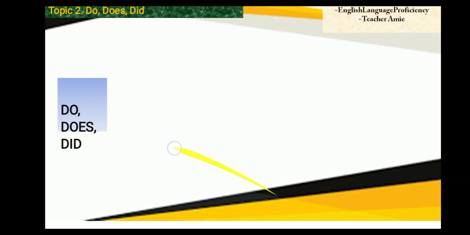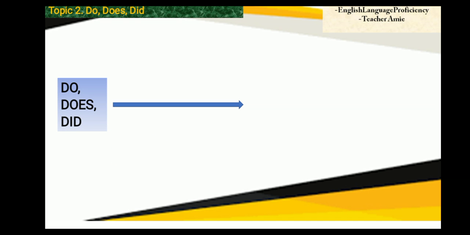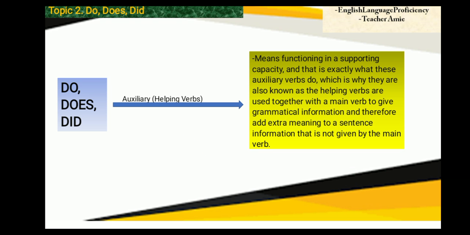Next, we move on to our next topic, the use of do, does, and did. These do, does, and did are actually called auxiliary verbs. Why? Because they function as support in the sentence.